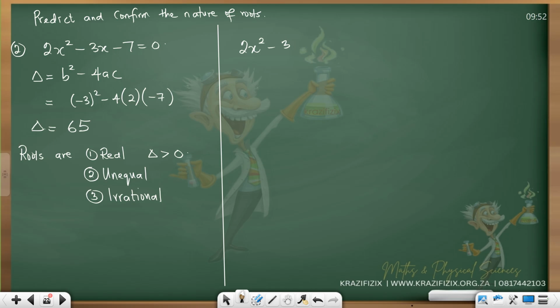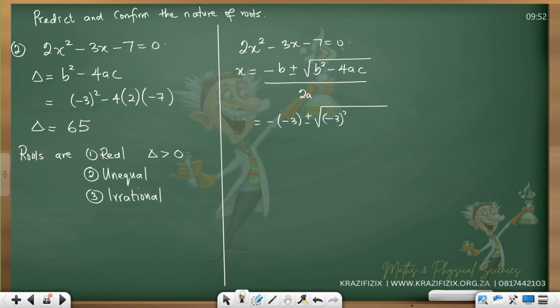2x squared minus 3x minus 7. Look, I can't even open brackets right now. I have to just use minus b plus or minus the square root of b squared minus 4ac over 2a. Minus negative 3 plus or minus the square root of negative 3 squared minus 4 times 2 times negative 7.